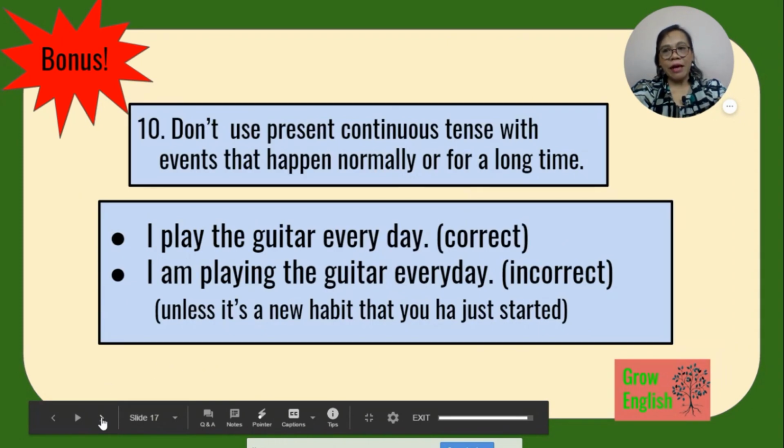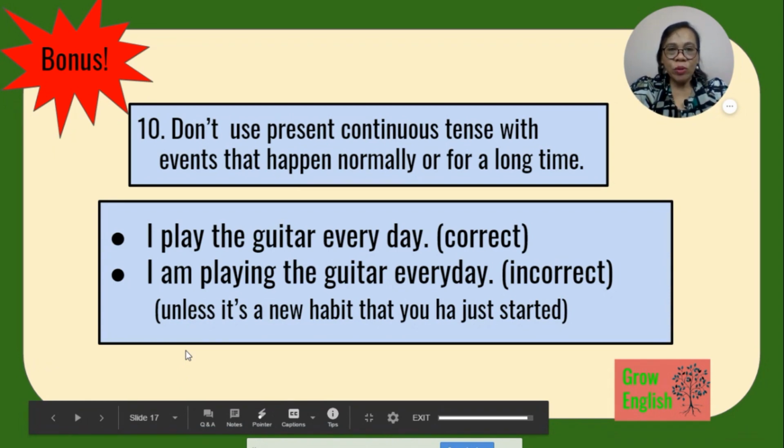Now, for the next example, number 10, don't use the present continuous tense with events that happen normally or for a long time. When you say normally, it happens every day, a habitual action. For example, I play the guitar every day. This sentence is correct. But if you say, I am playing the guitar every day, it is incorrect. Why? Because this action happens every day.